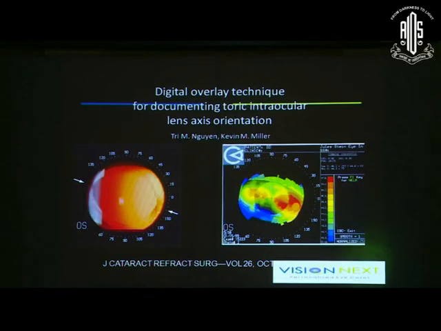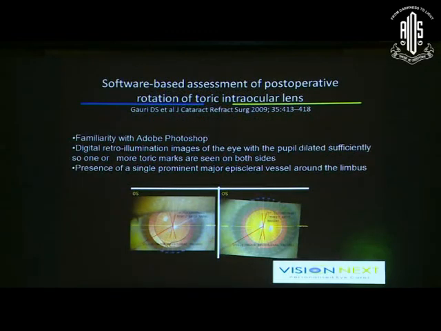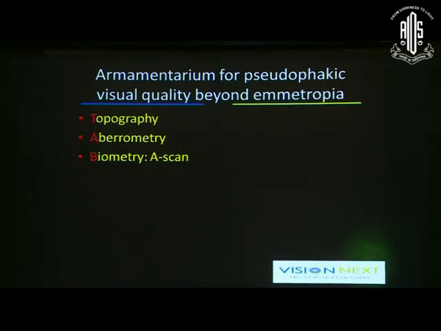There are other things that are available, but these are software based to check the toric IOL axis. What iTrace helps us with, as well as NIDEK OPD3, is it gives you a perfect bang on axis, and it also tells you how to correct it, which will be discussed.